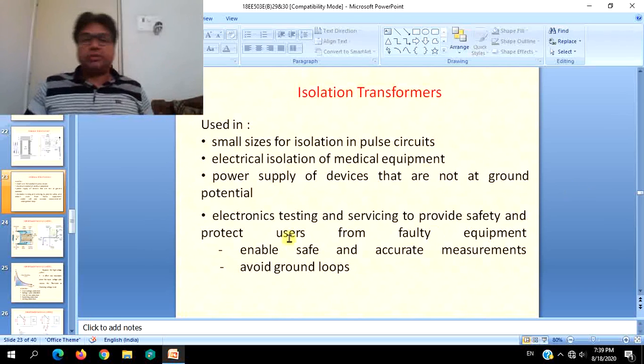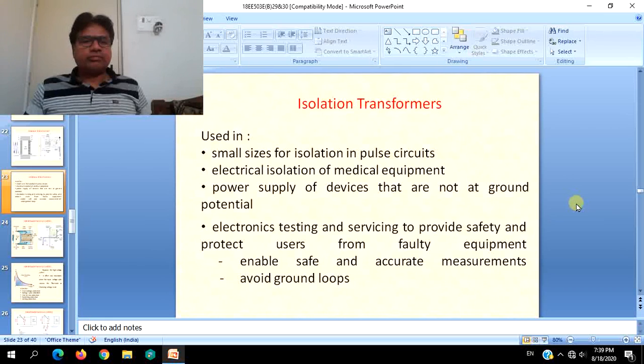When an operator comes into touch with the testing and servicing equipment, there are always chances of accumulated energies and also currents flowing from the equipment, which may have some internal short inside it, via the operator to the ground, where the person coming into contact will be providing a current path, and eventually that person will get a shock.